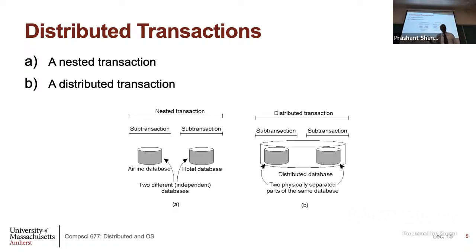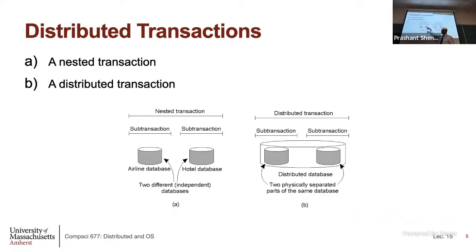The booking on each of these databases is a transaction. You may have a transaction on your airline booking and a transaction on your hotel booking. So these are two transactions, but you want to envelop those two transactions into a bigger transaction, which is why these are called nested transactions. There are two transactions, or in this case, sub-transactions. So your begin transaction and end transaction, and there are two smaller transactions in them, an airline booking and a hotel booking.